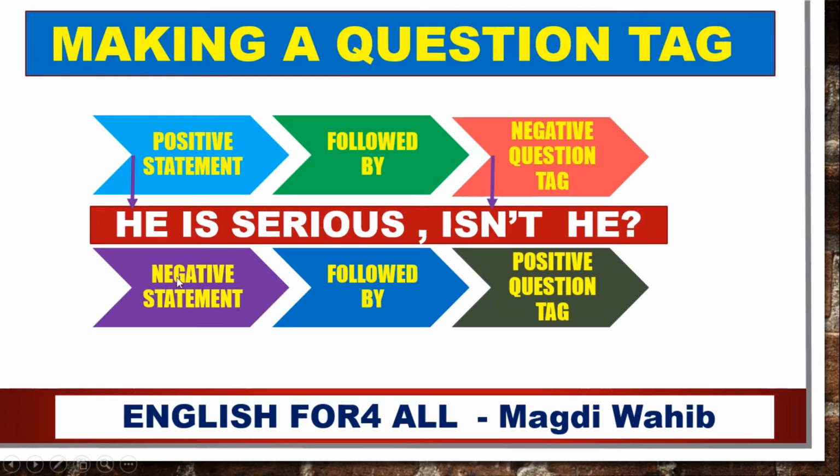Another example, if we have a negative statement, it will be followed by a positive question tag. So vice versa. If we have a positive statement, the question tag will be negative. If we have a negative statement, we will have a positive question tag. Let's have this example. يعني احنا لو عندنا الجملة منفية هيبقى ال question tag مثبت، ولو عندي الجملة مثبتة هيبقى question tag منفي.